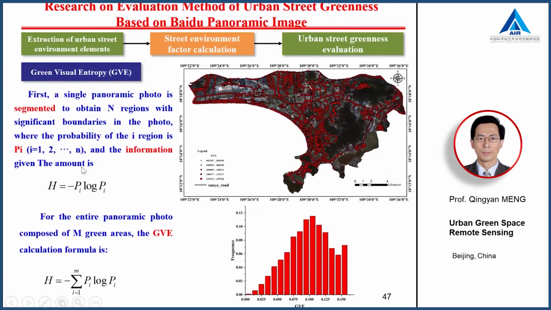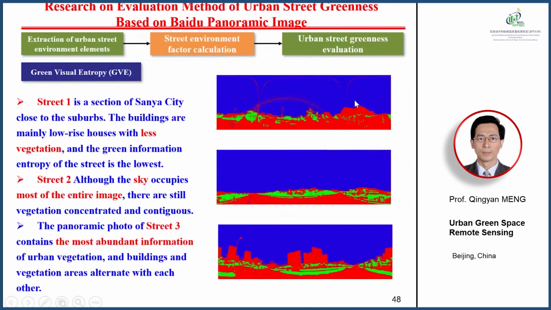And this is the information given. For the entire panoramic photo composed of M green areas, the GVE calculation formula is like this. And this compares the three streets.